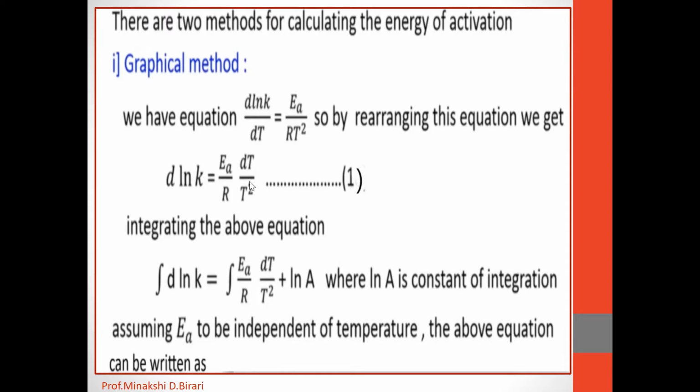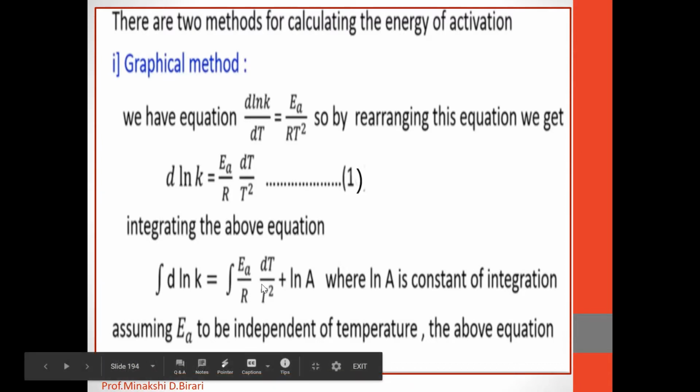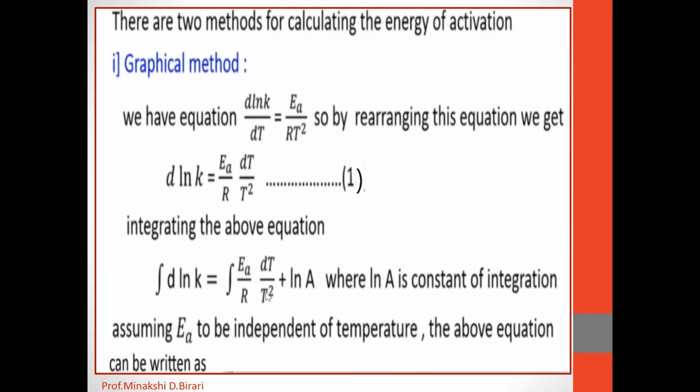Then after integrating the above equation, we get integration of d ln k is equal to integration of EA upon R into dT upon T square plus ln A, where ln A is a constant of integration.